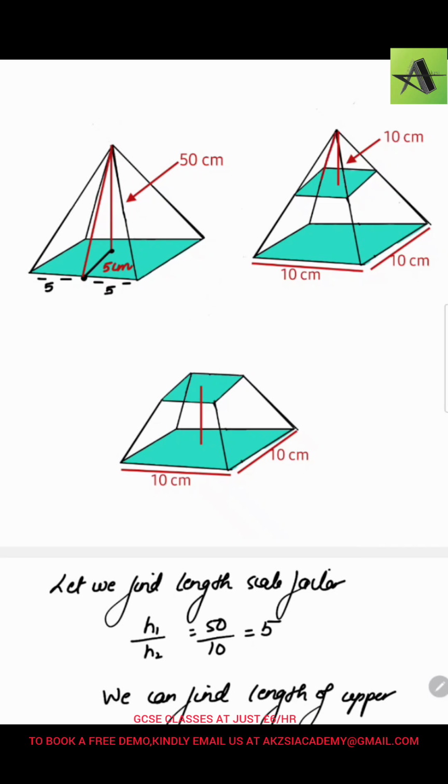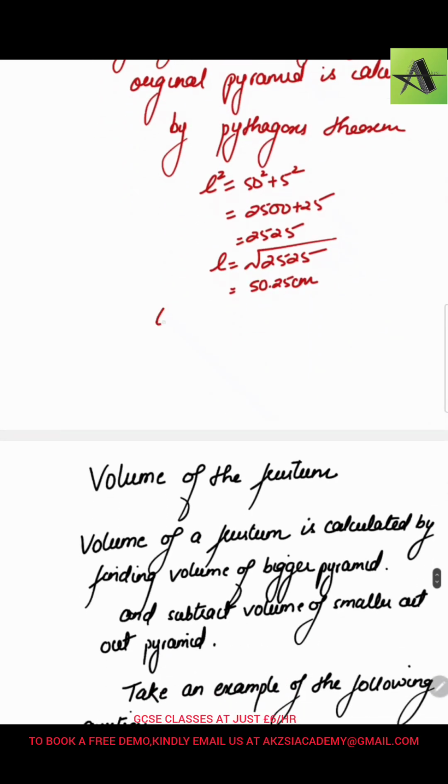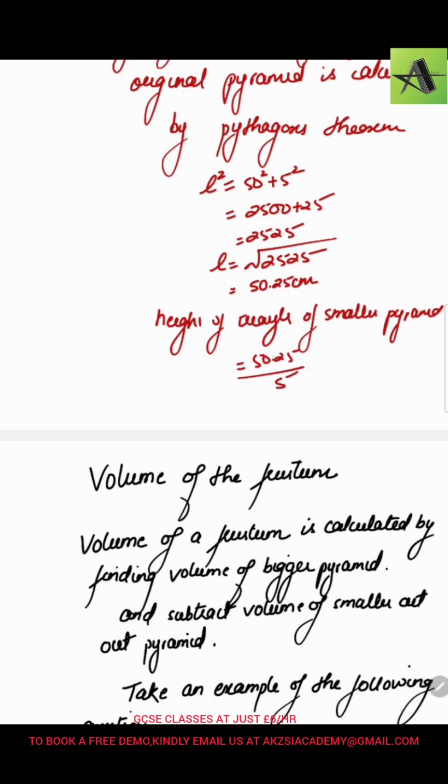So the length for the smaller triangle is going to be 1/5 of it, which is 10.05. So the height of the triangles of the smaller pyramid will be 50.25 over 5 because of the length factor.